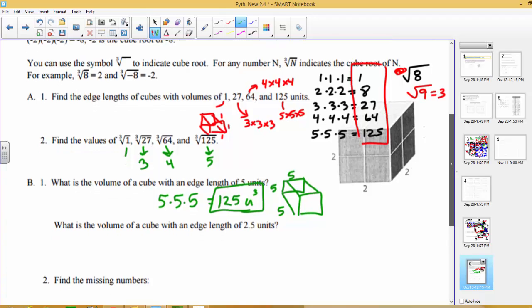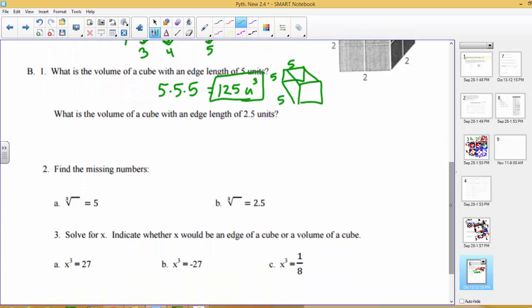Next, it's the same question with an edge length of 2.5. So 2.5 times 2.5 times 2.5. There is actually on your calculator a y to the x button, or if you have the graphing calculator, there's a caret button right above the division sign, and that's an exponent. So you could, on your calculator, do 2.5 to the third.